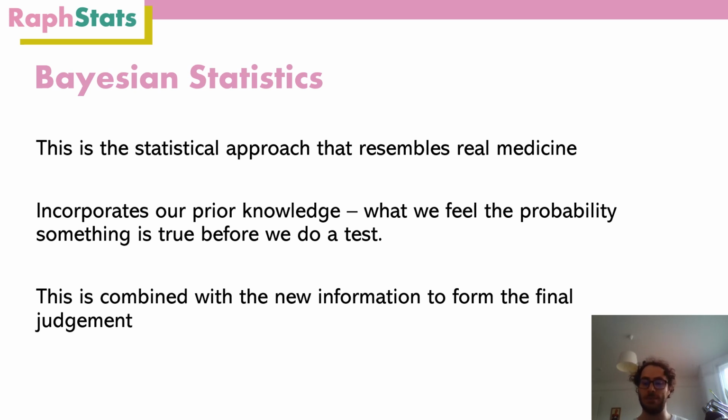We're not going into something blind with our null hypothesis being no different, like in a research trial. We have our opinions before we do this test. We might think this person has almost no chance of having COVID, or we might think we're pretty sure this person does. And what Bayesian statistics allows you to do is combine that initial instinct with objective evidence in order to form your final judgment of how you're going to treat a person.